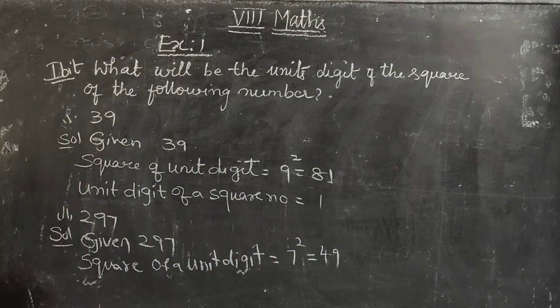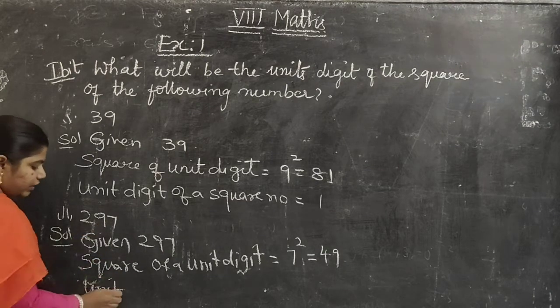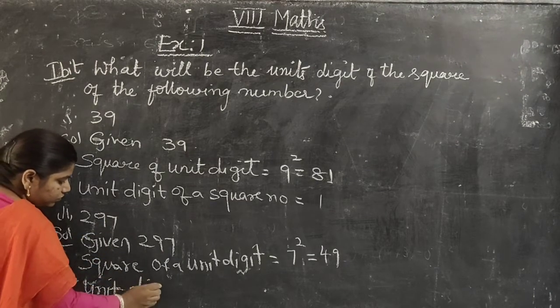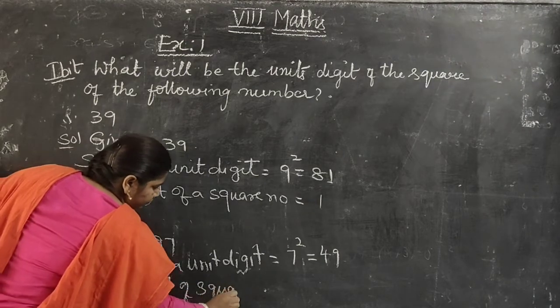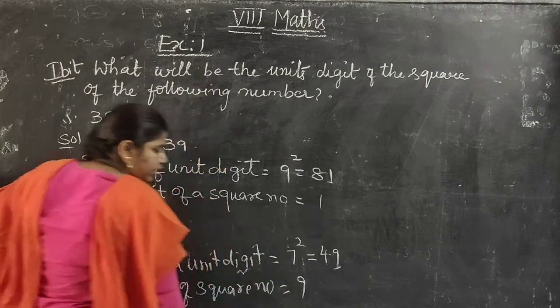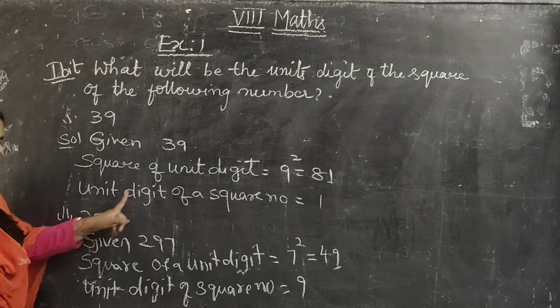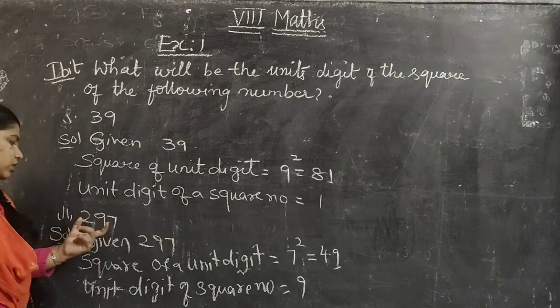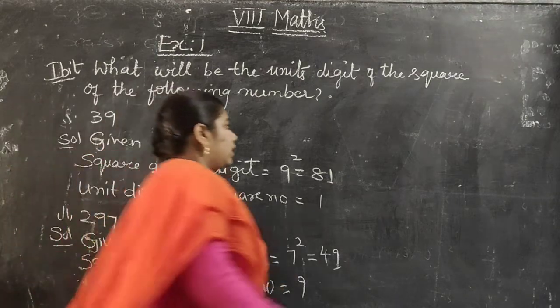Now what is the unit digit of the square of 297? Here you got 9, so the answer will be 9. So the square of this 297 will be again 9 here.